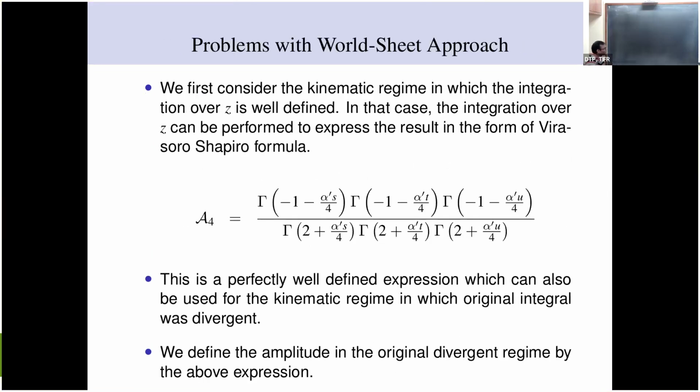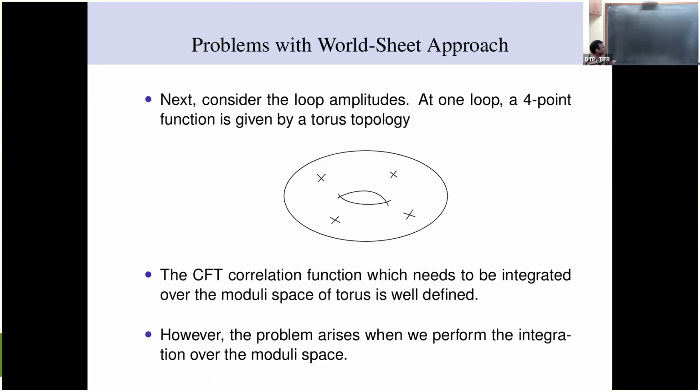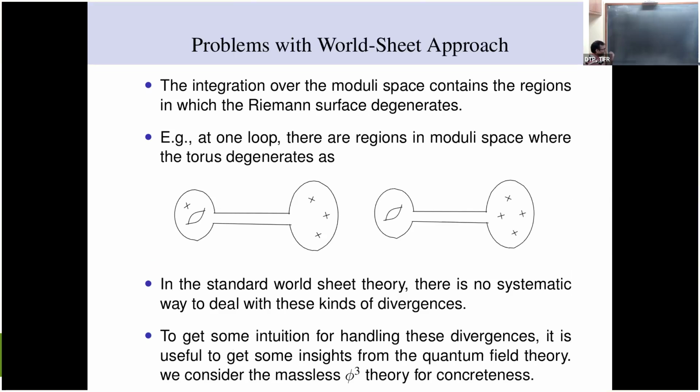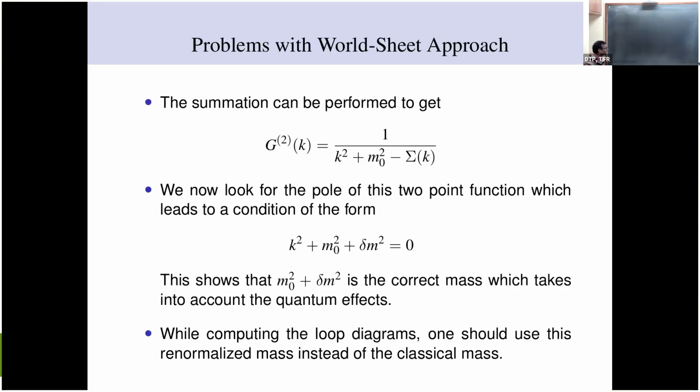And if you also don't take into account the correction to the space-time equation, say the Einstein equation, then you also get divergences. So we considered how exactly these divergences appear. They show up as a degeneration of Riemann surfaces when you compute integrals over the moduli space. So that was some extended motivation.